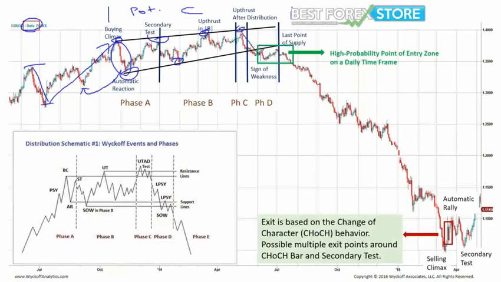I want to see this major sign of weakness committing decisively to the downside. Plus, the two support points provide a confirmation that this is a good line as well. And we see that the next attempts to go up all fail, and they act as the last point of supply.